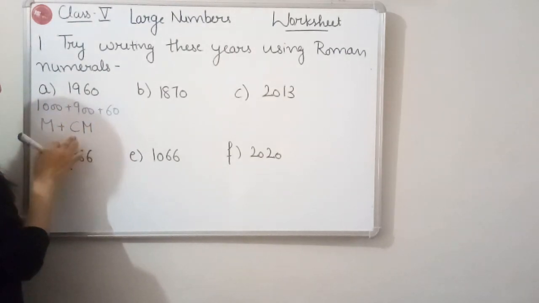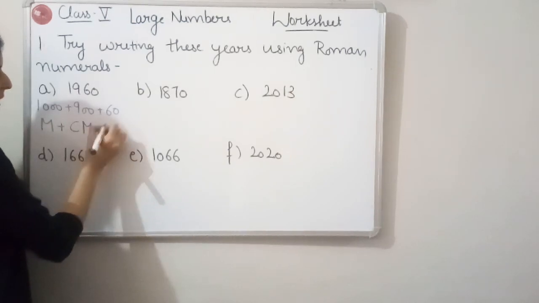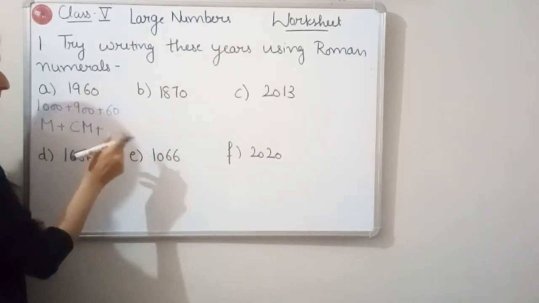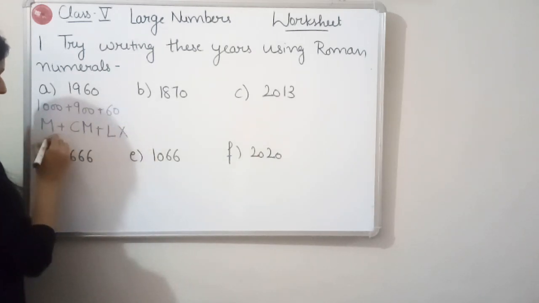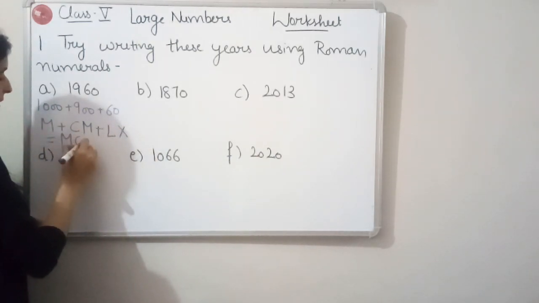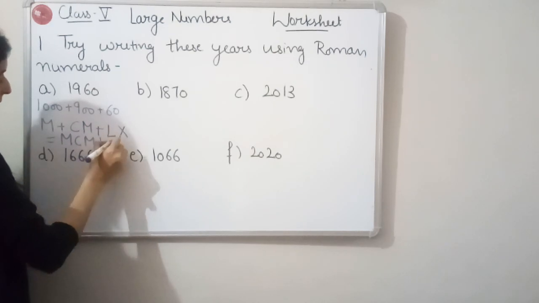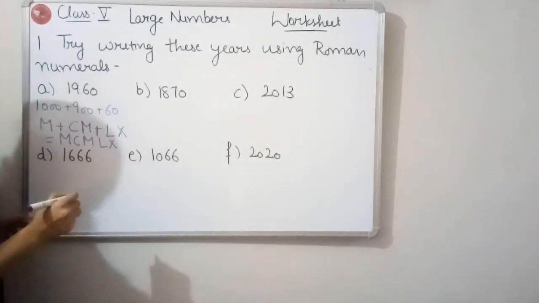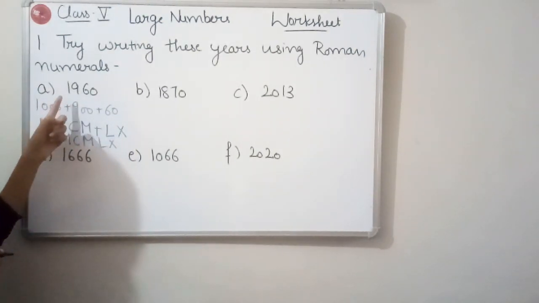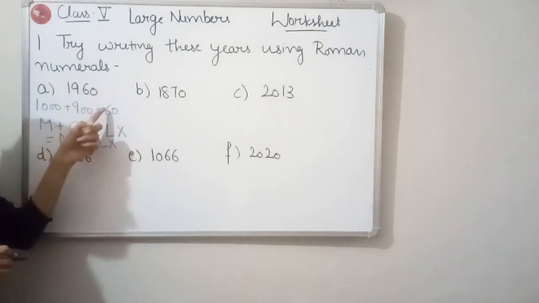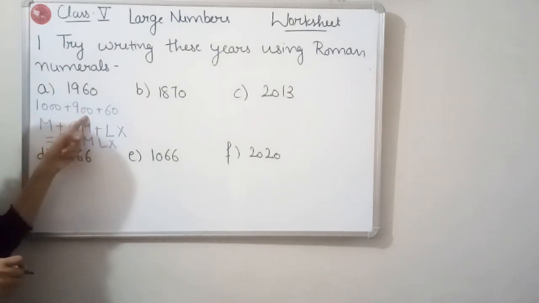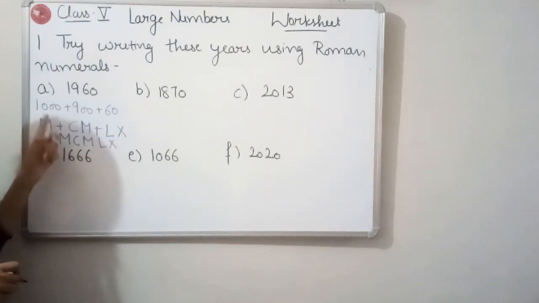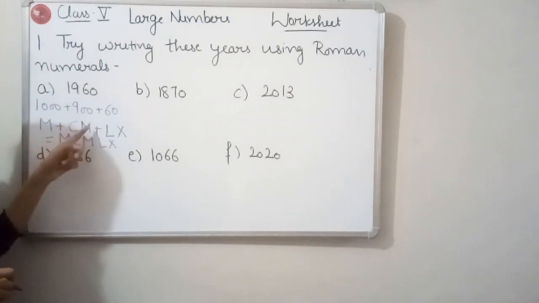1000 minus 100 plus 60. 60 means 50 plus 10. 50 is L and 10 is X. So that will be equal to M, C, M, L, X. Okay children. So what was the A part? 1960. 1960 means 1000 plus 900 plus 60. 1000 is M. 900 means 1000 minus 100.